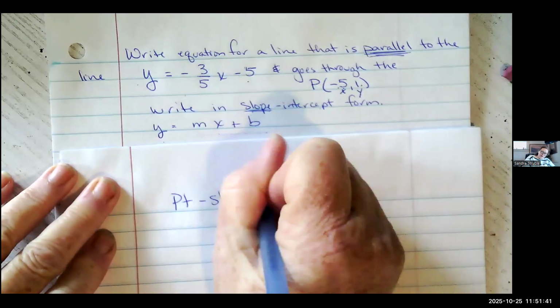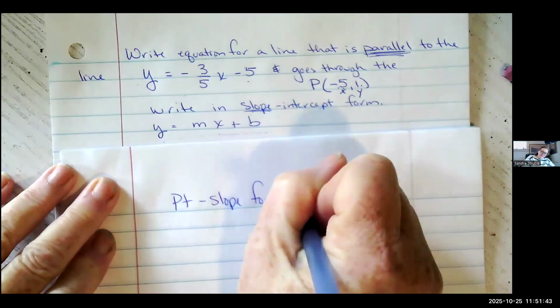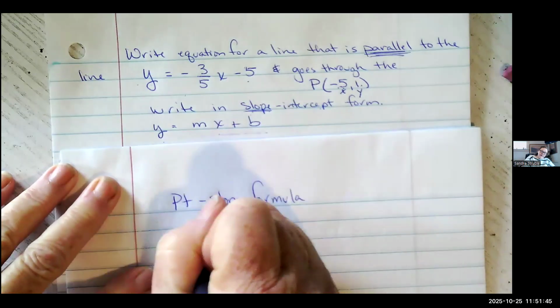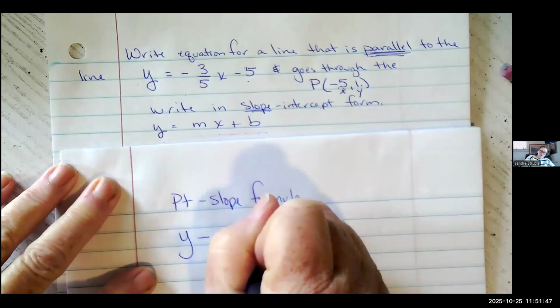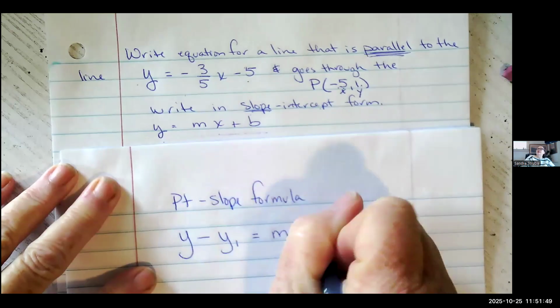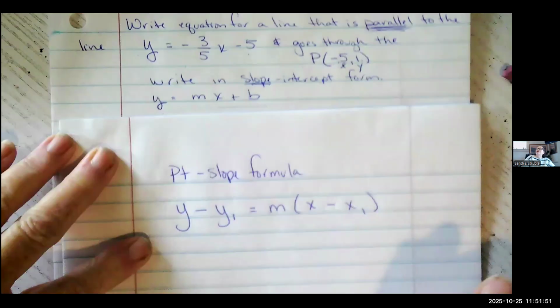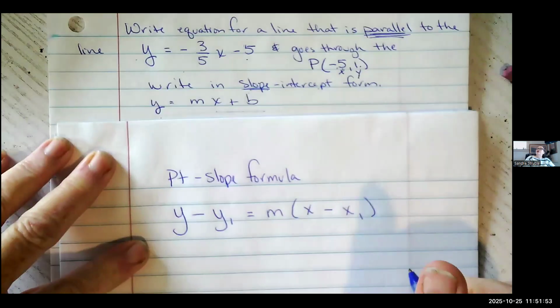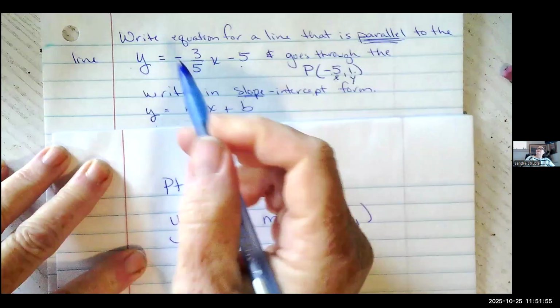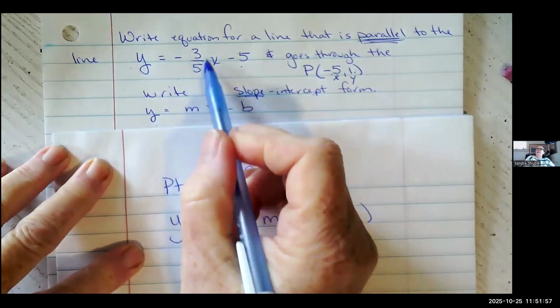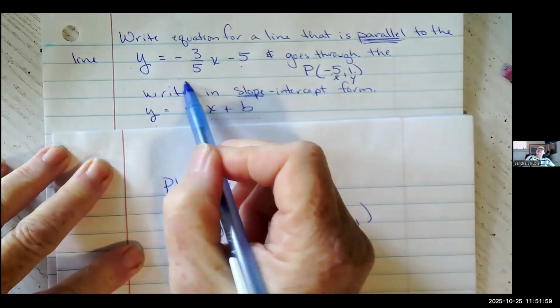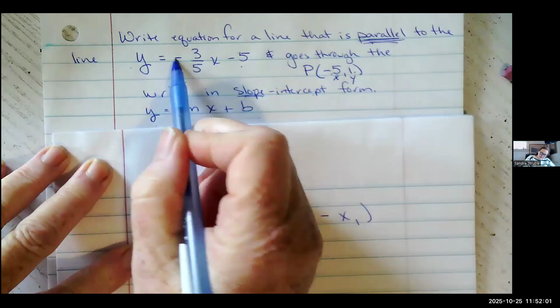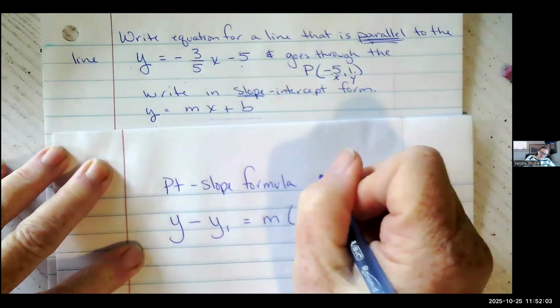That's when you're going to use y minus y sub 1 is equal to m times x minus x sub 1. That's the point slope formula, okay? First of all, know that you're using the slope of the original line because it is parallel. So our m is going to be negative 3/5.